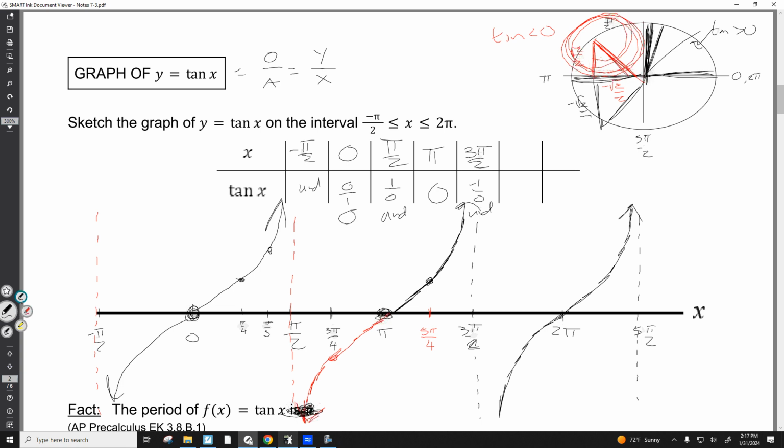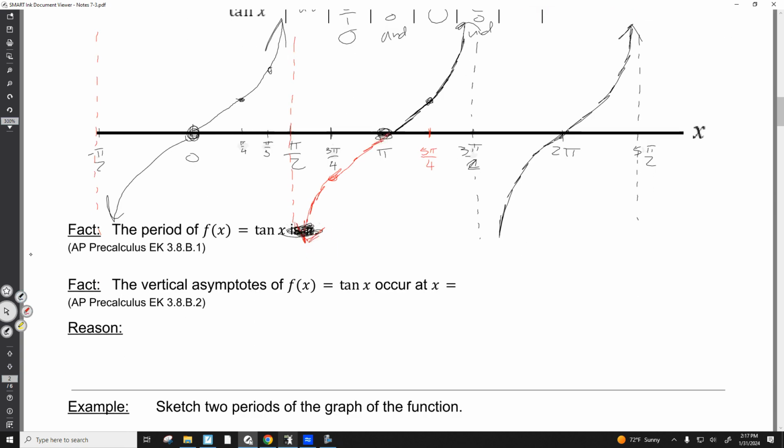So, here's the key. Tangent has a period that is pi, which means if you do any sort of transformation, your period will equal pi over b, or b equals pi over the period.